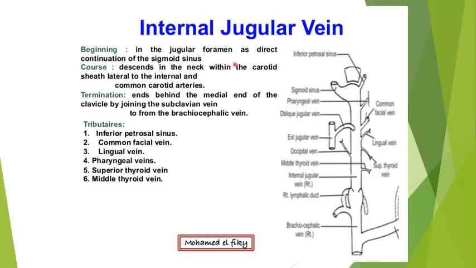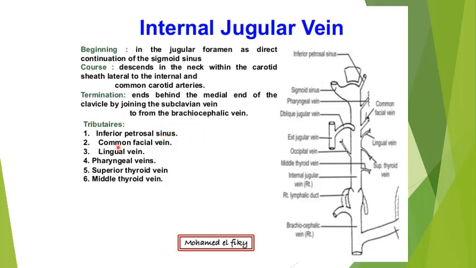The internal jugular vein begins in the jugular foramen as a direct continuation of the sigmoid sinus, descends in the neck within the carotid sheath lateral to the internal carotid artery. It ends behind the medial end of the clavicle by joining the subclavian vein to form the brachiocephalic vein.